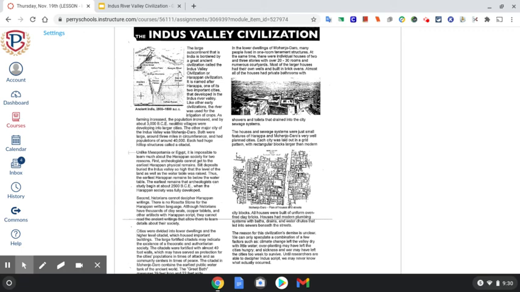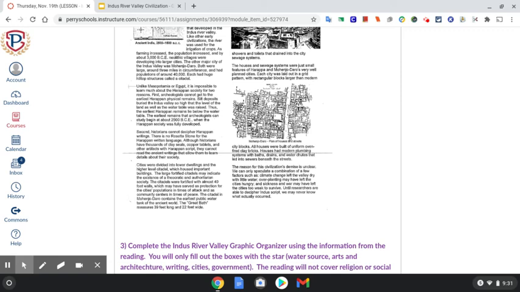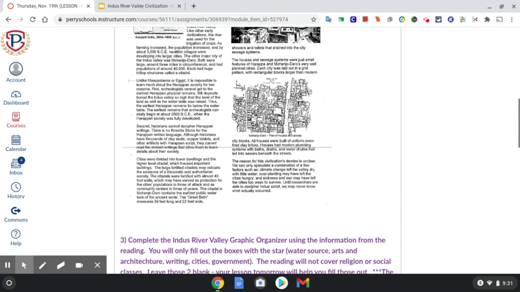It talks more about that later in the reading, so think about where that might go. So go ahead, read through that. You're going to bullet point facts that meet those 5 characteristics of a civilization. A couple of them may only have one, but each should have at least 1 to 3 different things in those boxes.